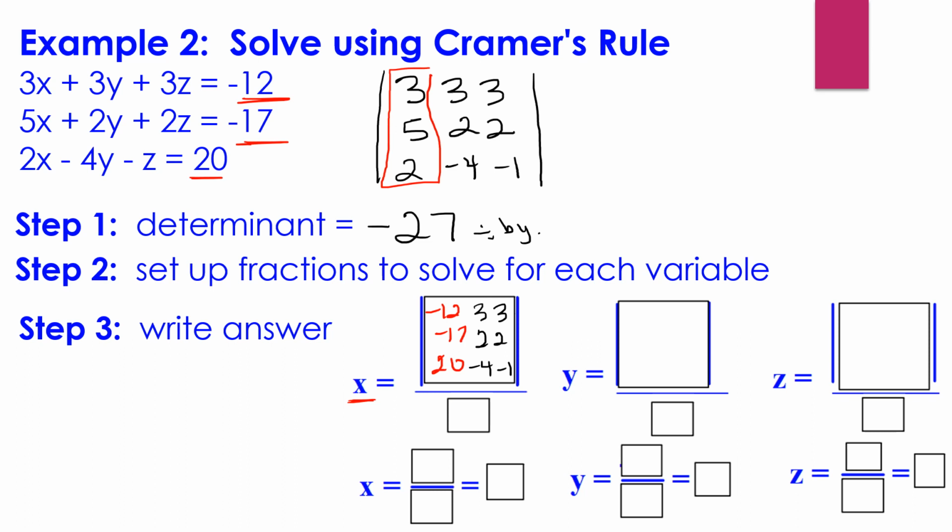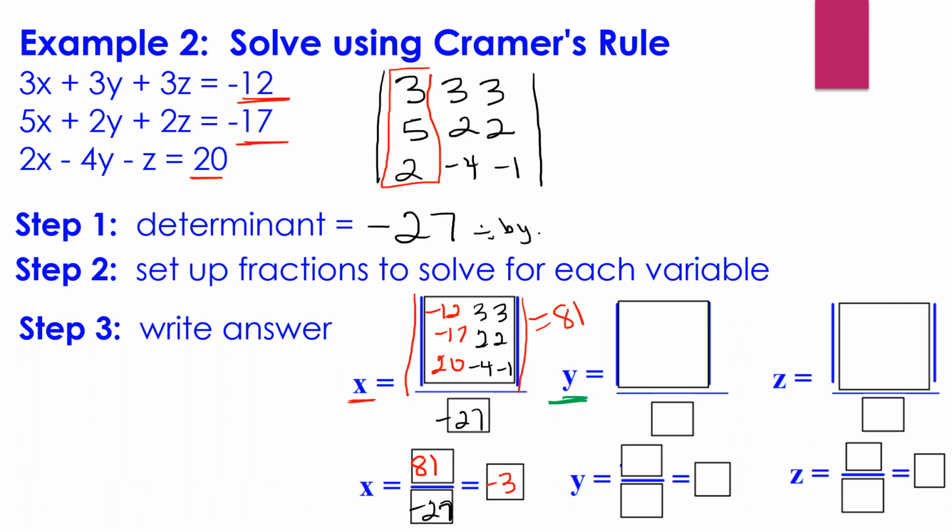The determinant of that matrix equals 81, gets divided by the original coefficient matrix determinant, which is -27, and 81 divided by -27 will give us a -3.